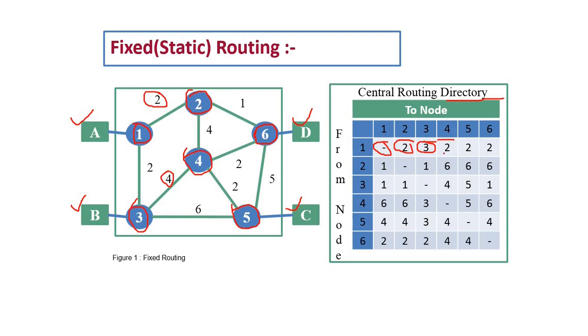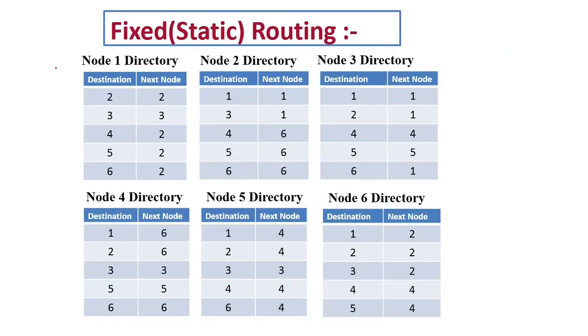So the next node is 2. Same thing for 5. We cannot move directly towards 5, so first we will go towards 2 and then we can move towards 5. Same thing for 6. First we will go towards 2 and next we will move towards 6. So this type of information is available for all nodes. That is the node directory we have discussed for node 1.